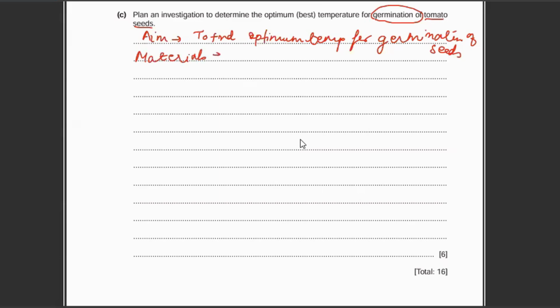So we will need the tomato seeds, of course. The tomato seeds should be of uniform variety. Petri dishes where you keep the seeds. Then we would require filter paper as a base for the seeds, and to add distilled water, of course, to prevent contamination.